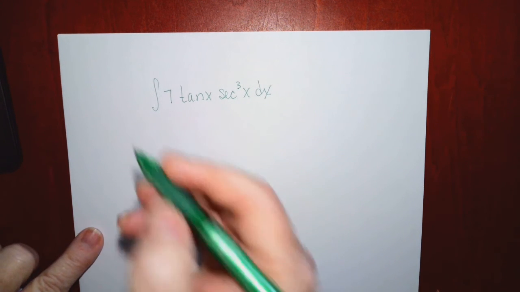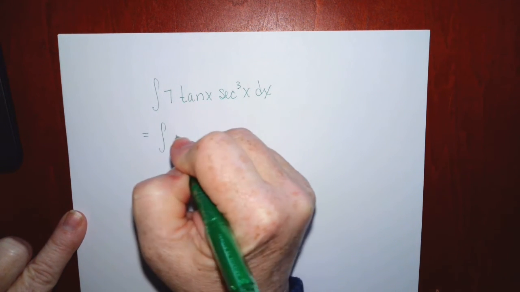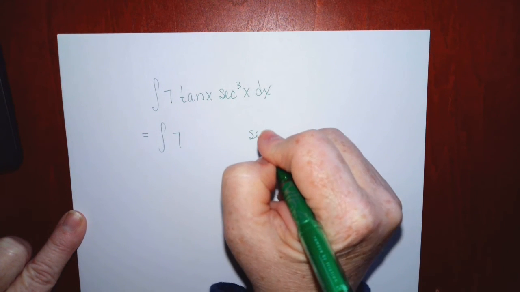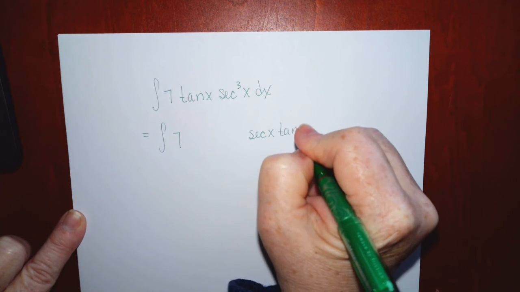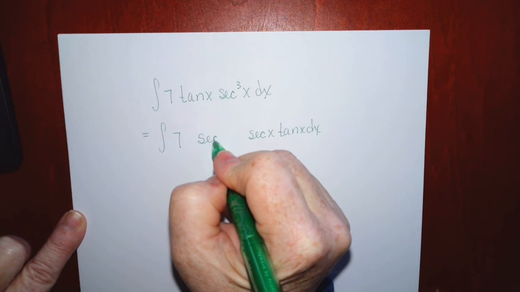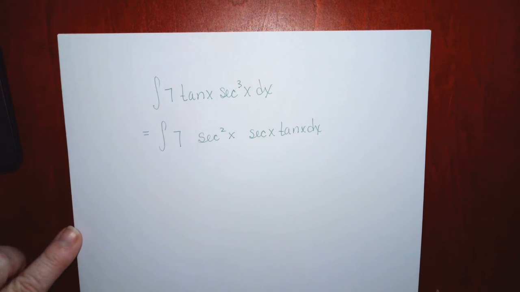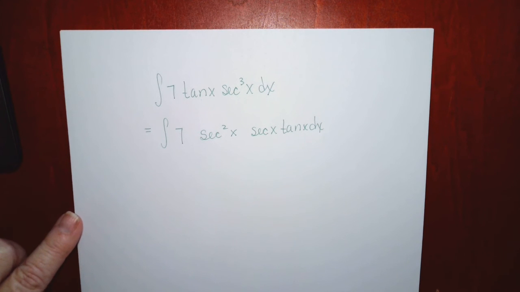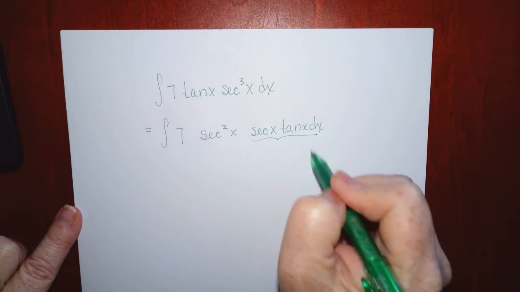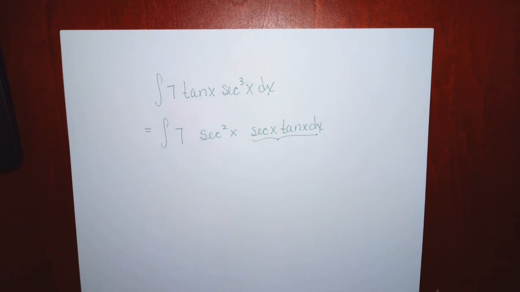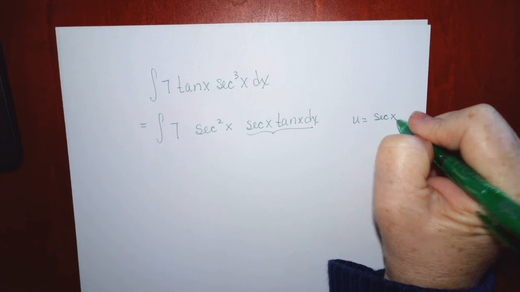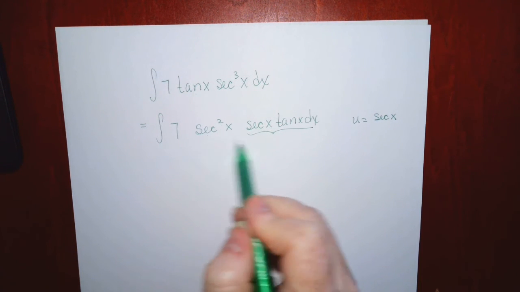All right, let's try that. If I pull off one secant and one tangent, I'll have a secant x and a tangent x over here. So I've pulled this tangent over here, and so I'm left with just a secant squared x. Excellent idea. If this is what we pull off over here to the side, that is sitting there waiting to be du. If that's going to be du, then u has to be a secant, and we have u squared right there.